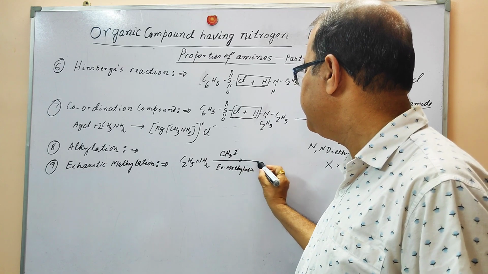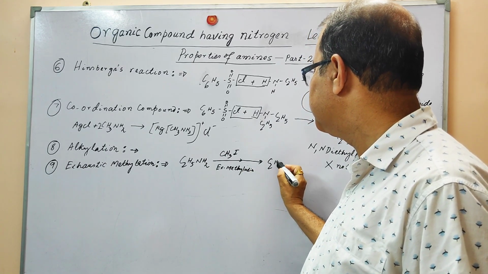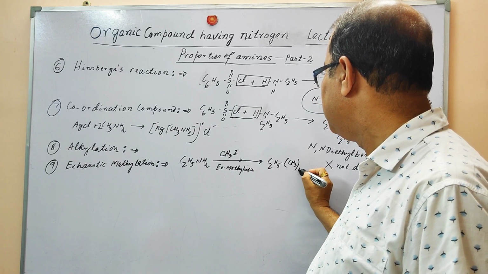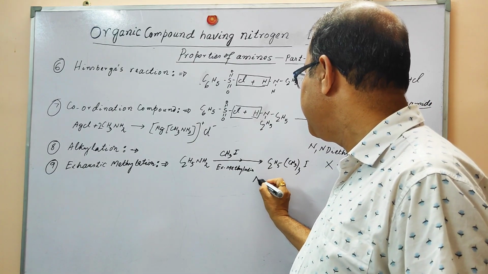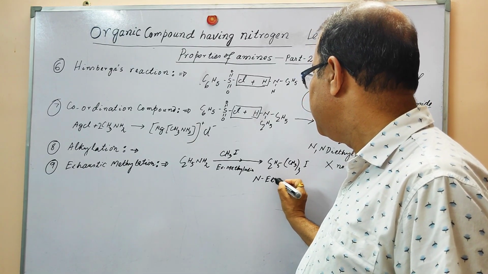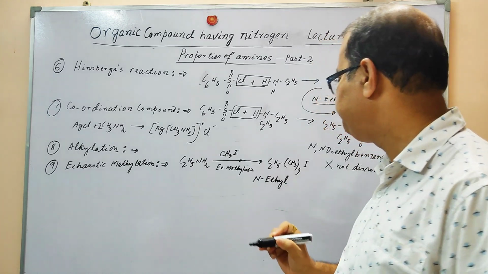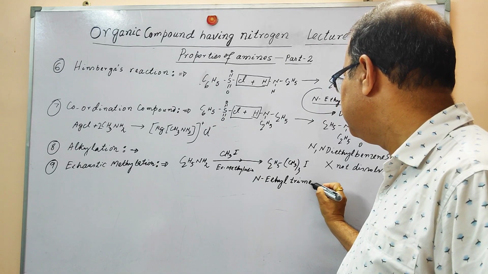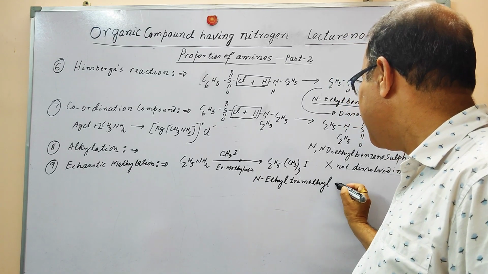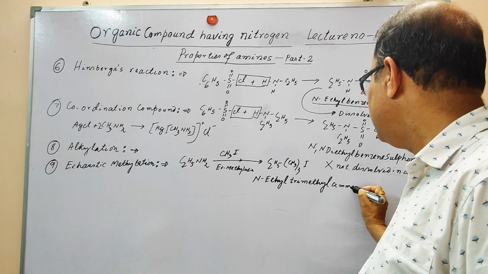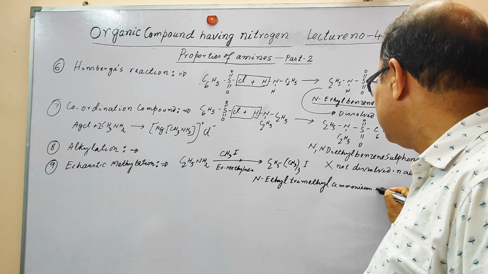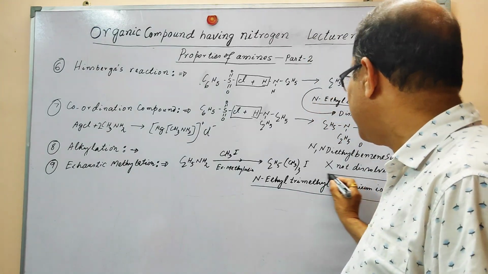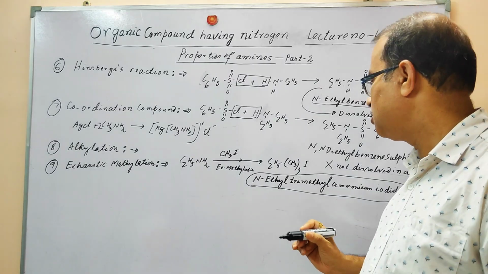It is going to produce N-ethyl trimethyl ammonium iodide. So we understand this is a quaternary ammonium salt.